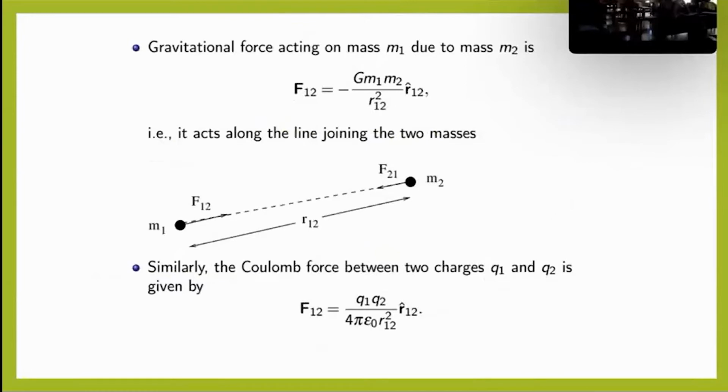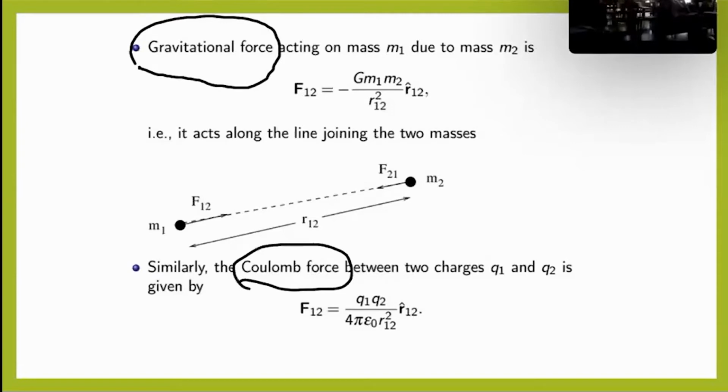Now coming to the examples, one of the most common examples is the gravitational force. It is a central force. However, this force does not depend on one body. It is a two-body force. Both bodies apply force on each other, but it is always directed along the line connecting the two bodies. Similarly, we have the electrostatic force, the Coulomb force.